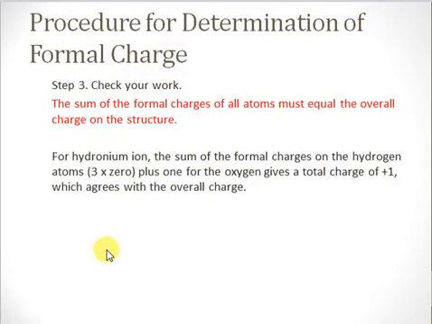The third step, when you have calculated all the formal charges, is to sum all of them, and the sum must always be equal to the overall charge on the molecule.